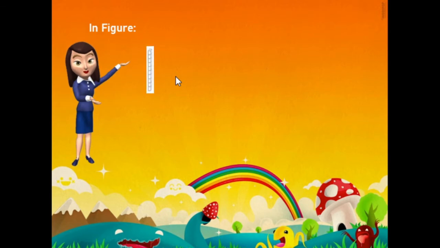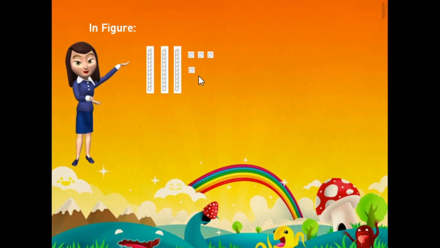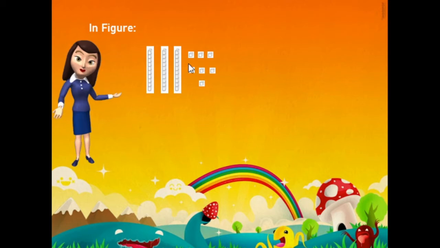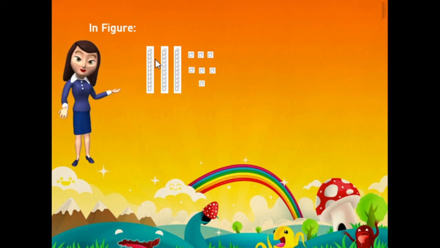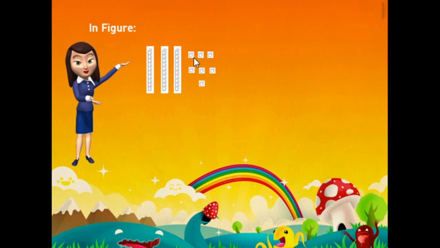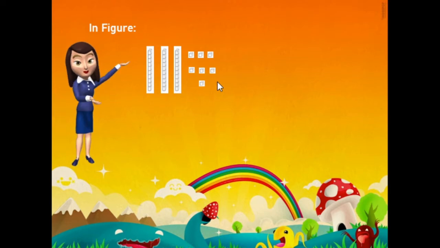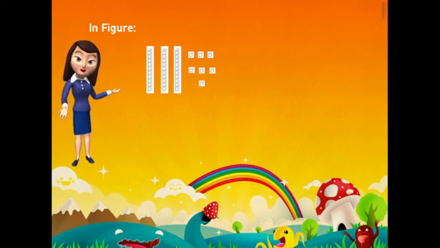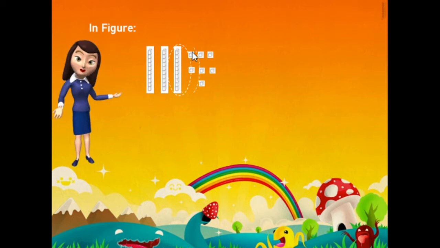In a figure, it looks like this. 1, 2, 3, 1, 2, 3, 4, 5, 6, 7. The total number of small squares here is 37 because 37 is the total number of sweets that Martin has. He ate 12 of it, so we take away this 1 ten and 2 small squares.